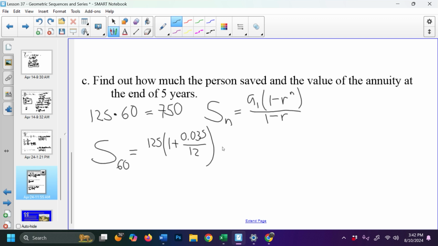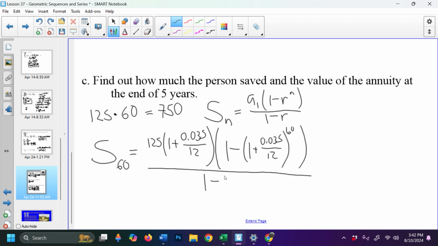That is my first term, times 1 minus r, where r is 1 plus 0.035 all over 12, raised to the 60th power. Then I need to divide that whole thing by 1 minus 1 plus 0.035 all over 12 again.